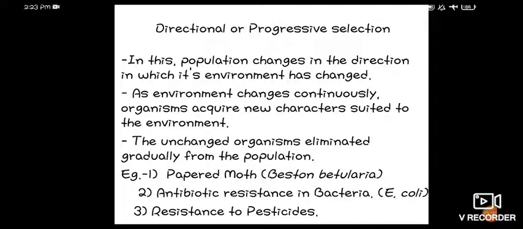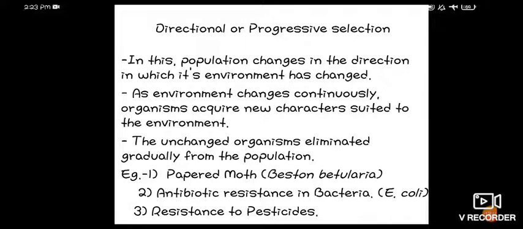In 1845, a light colored peppered moth inhabited the clean environment of Manchester, but as progressive industrialization started, from 1845 to 1898, the deposition of smoke and soot particles turned the surrounding environment black.